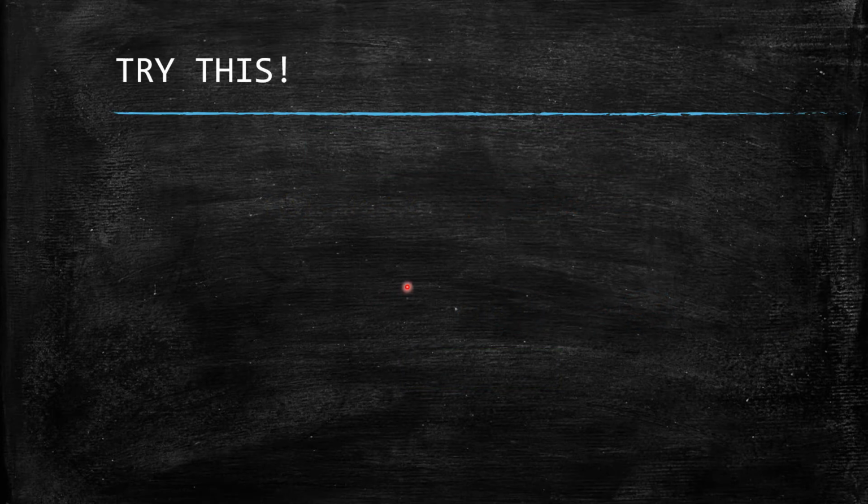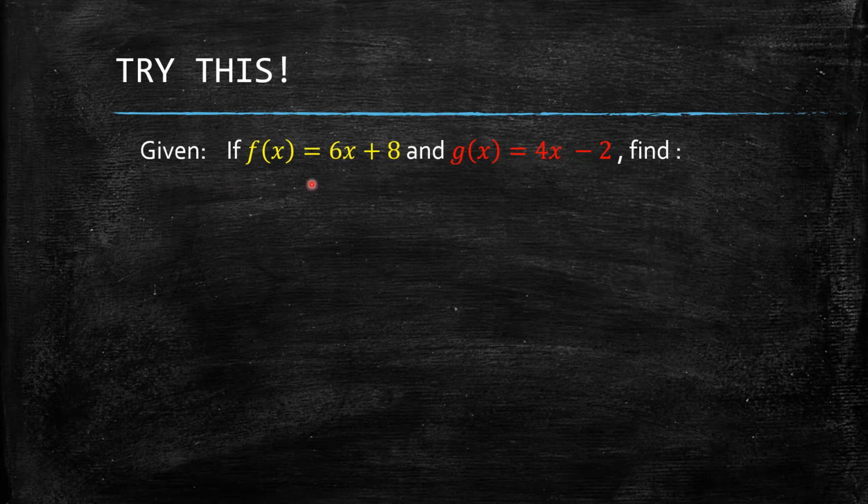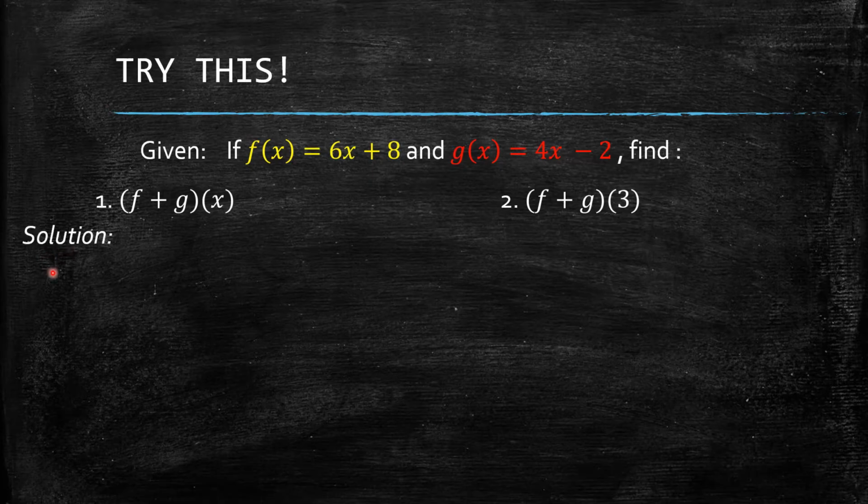Now let us try this. The given is if f of x is equal to 6x plus 8 and g of x is equal to 4x minus 2, find number 1, f plus g of x, and number 2, f plus g of 3. To solve, let's start with number 1.